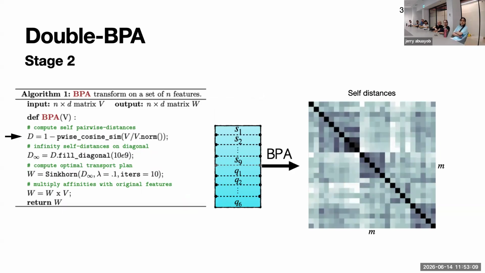Just cosine seems more stable than Euclidean distances, so we used cosine distance. In general they take features from any embedding, they're not necessarily normalized. So we take the self-pairwise distances and we fill the diagonal with infinity or a large number.